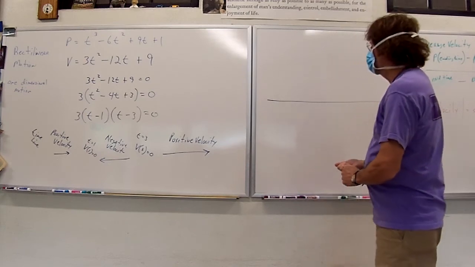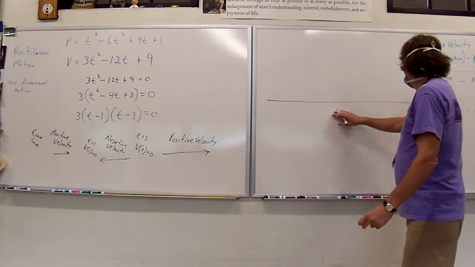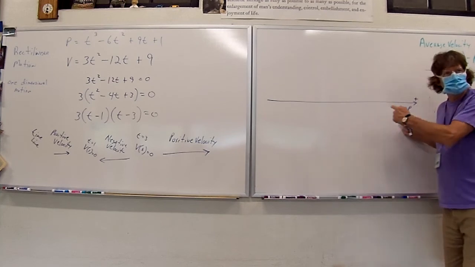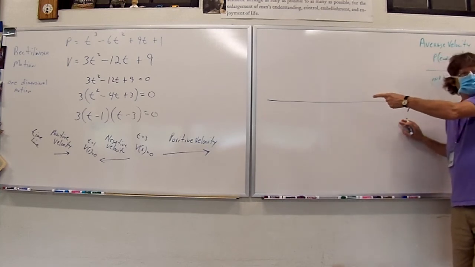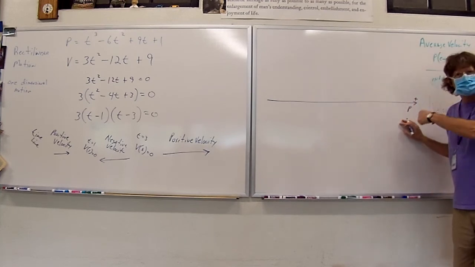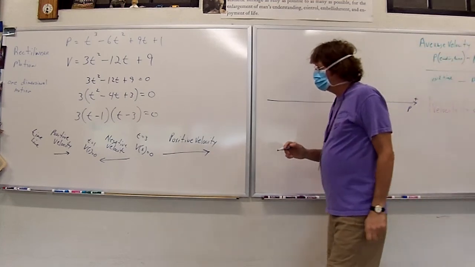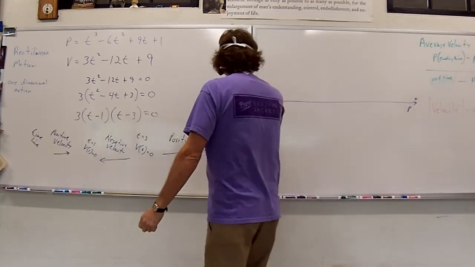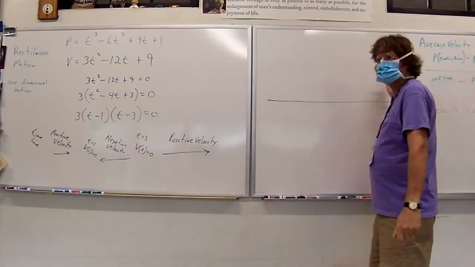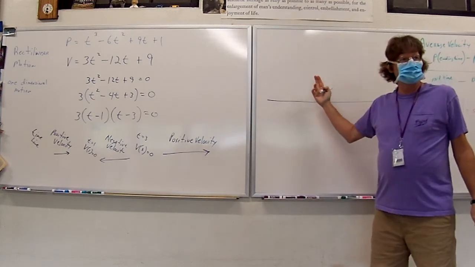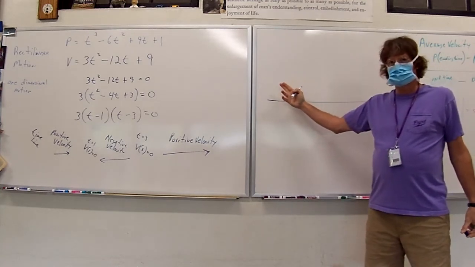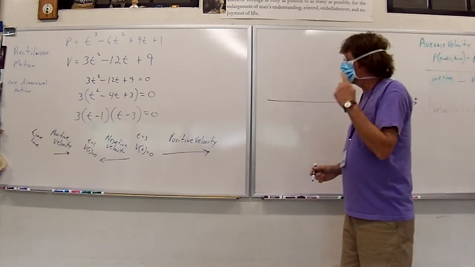All right, here we go. This is a number line, right? This is units of feet, miles, or whatever. What you need to know is how far out there she went before she turned around. How do you find out how far out there she went?